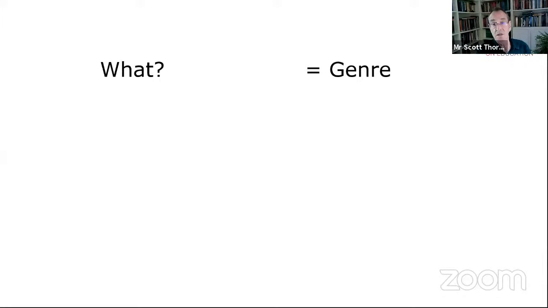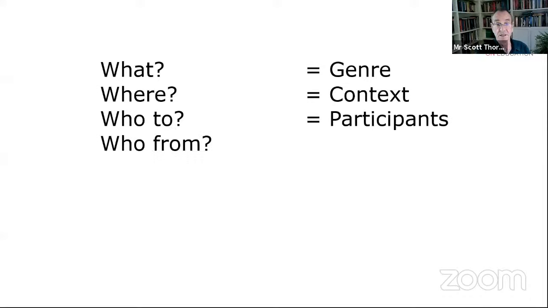The technical words that answer these questions: the what of the text, that it's a notice, is what's called its genre, the text type, if you like. Where the text is situated, or was originally situated, is its context, or context of situation. The who to and the who from are the participants in this communicative exchange: the person who wrote the text, the person who is written to.